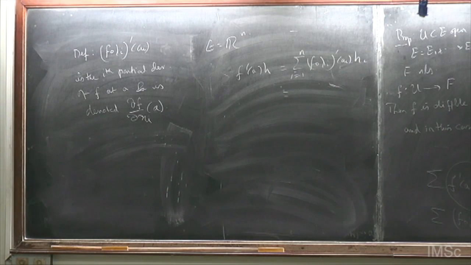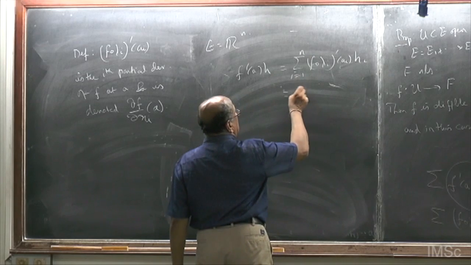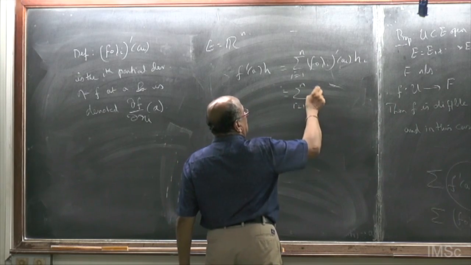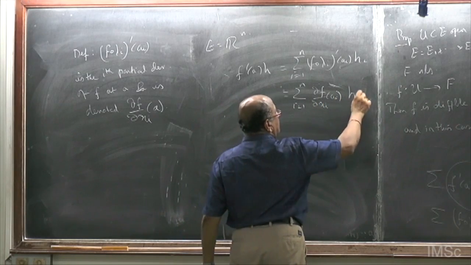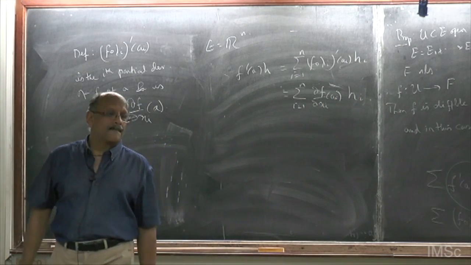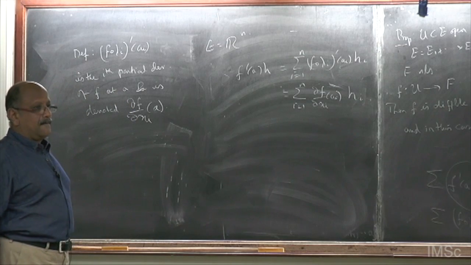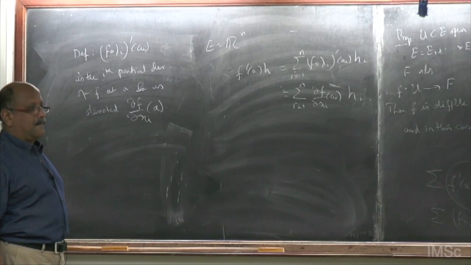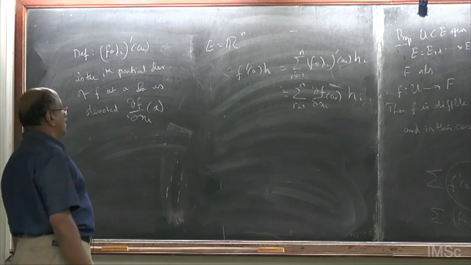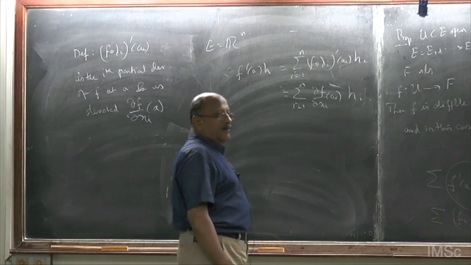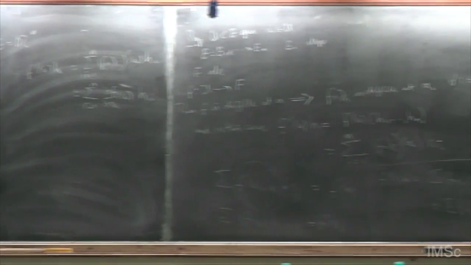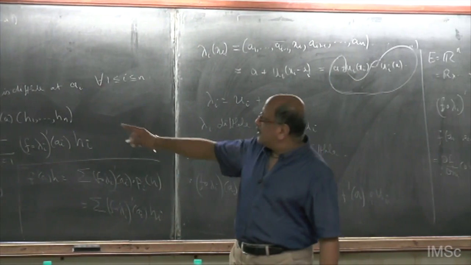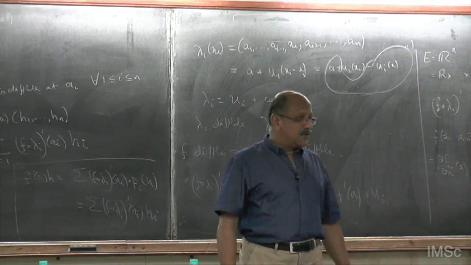So, you have that equal to sigma i equals 1 to n of df by dxi times hi. So, if f is differentiable, then all the partial derivatives exist and the derivative can be computed using this.